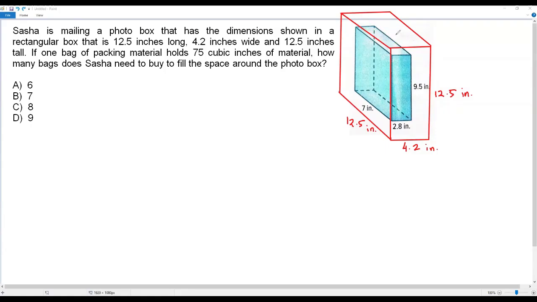This space is going to be filled by packing material, and one bag holds 75 cubic inches. We need to find the number of bags Sasha needs to fill the space between the photo box inside and the rectangular box.